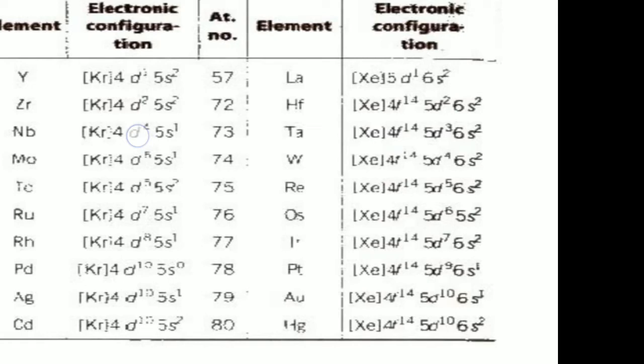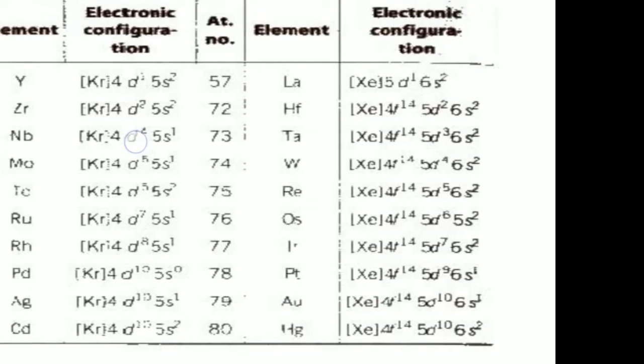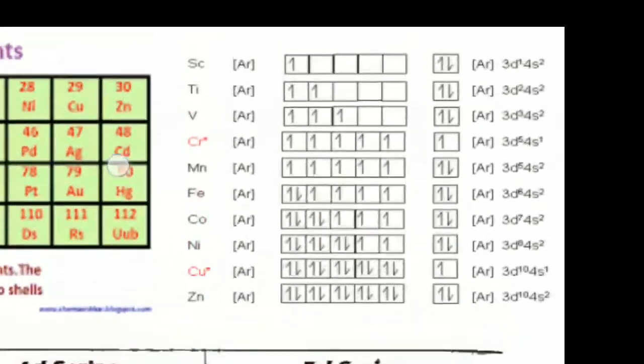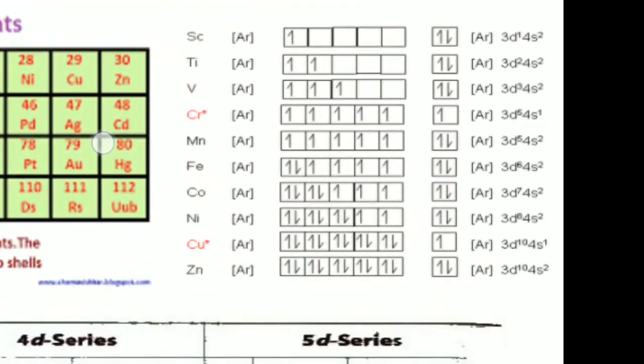To get additional stability, elements adopt anomalous electronic configurations. Particularly, here we have importance for the electronic configurations of the 3d series, that is the scandium series. You know very well about these electronic configurations.